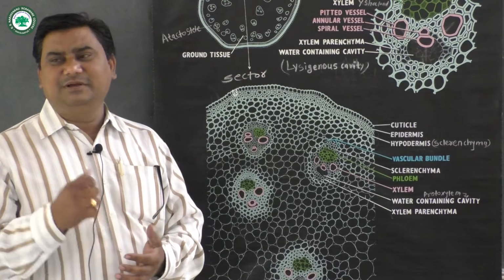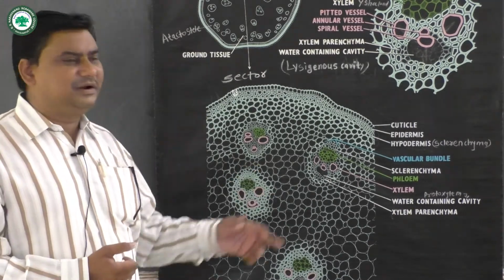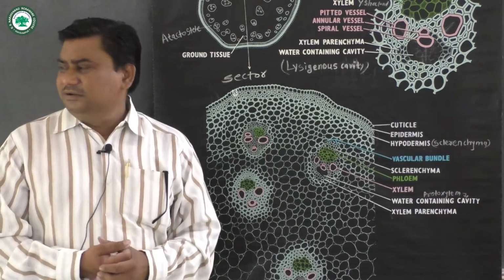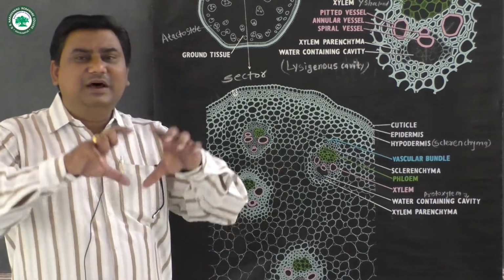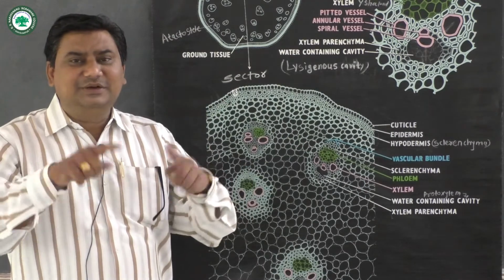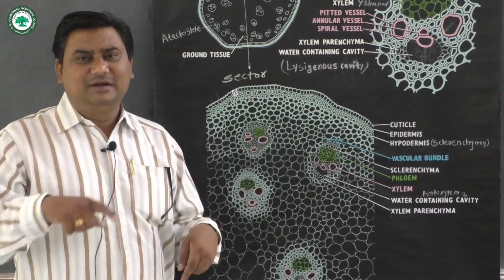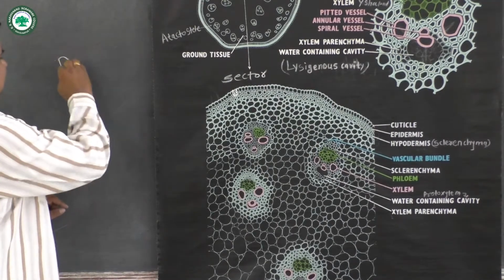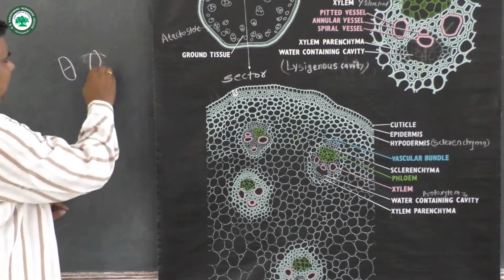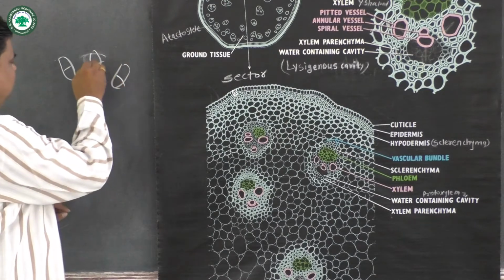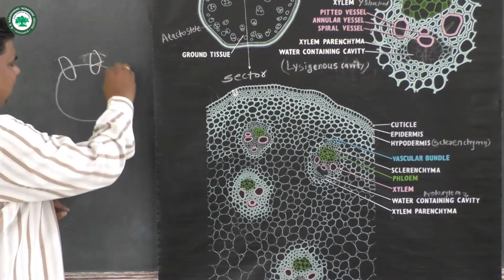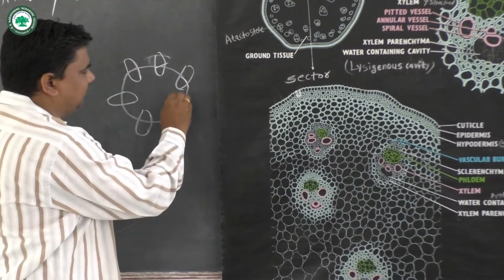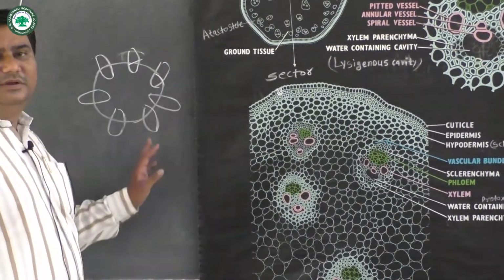In the dicot, the vascular bundles are arranged in a ring manner, like this, in the dicot stem.